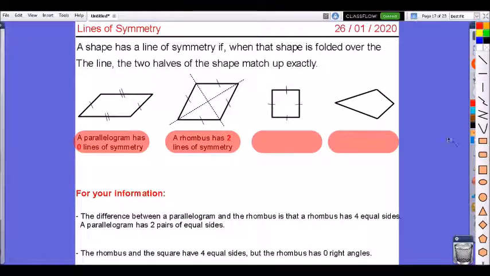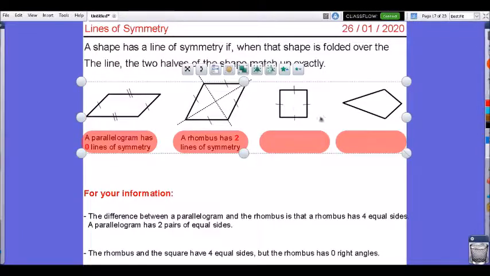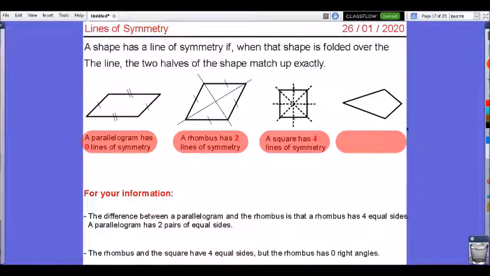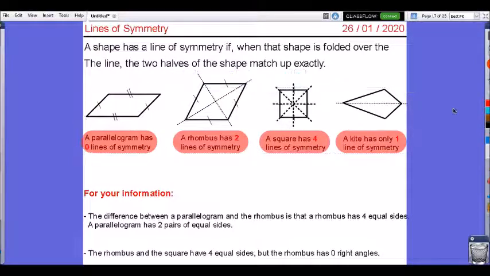About the square here, as we agreed earlier, the square has 4 lines of symmetry, and this is how we draw them. And about the kite, as we agreed in class, it has only 1 line of symmetry, and it goes this way, which means that if I fold this shape over this line of symmetry, the 2 halves of the shape will match up exactly.